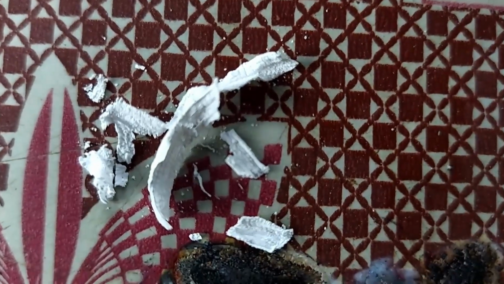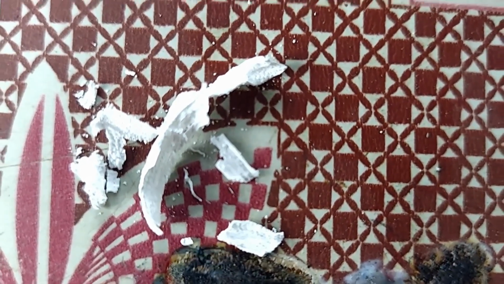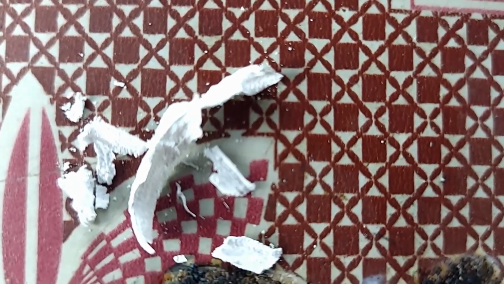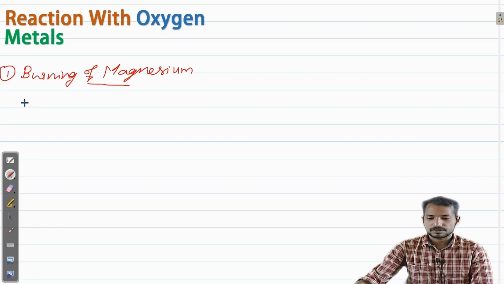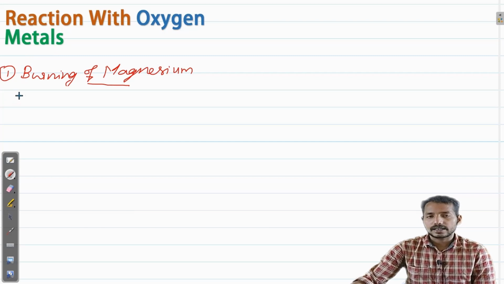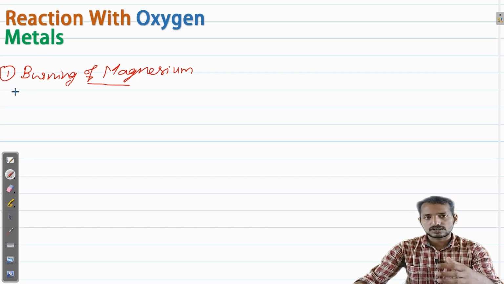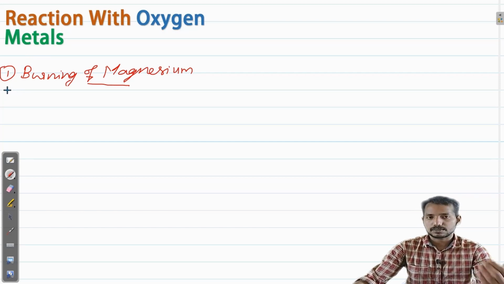Now you can see some white ash here. This is the magnesium oxide. When magnesium reacts with oxygen, it forms magnesium oxide because burning is actually a reaction with oxygen. We observe that the magnesium ribbon burns nicely with a white flame. That is actually a reaction of magnesium with the oxygen present in the surroundings or in the atmosphere.